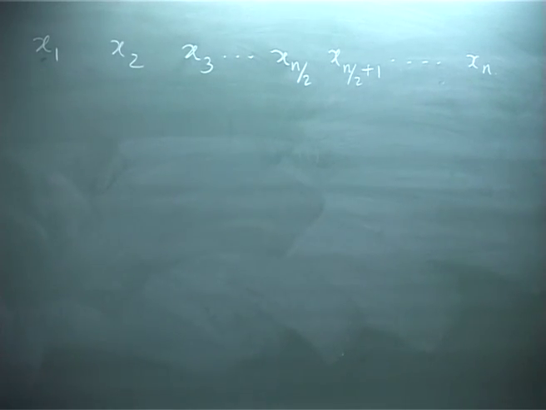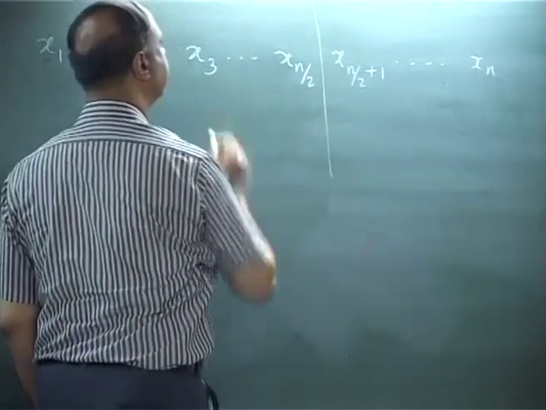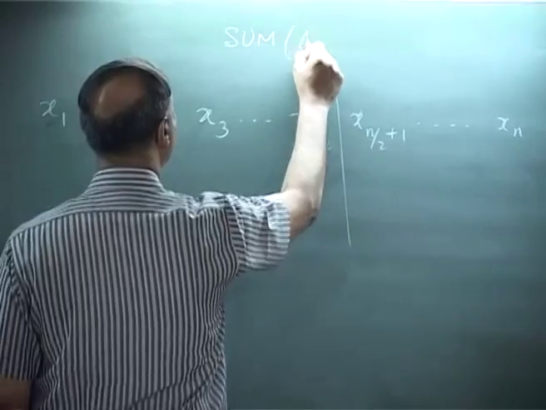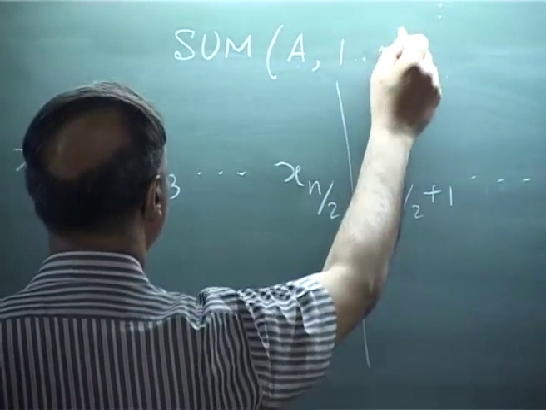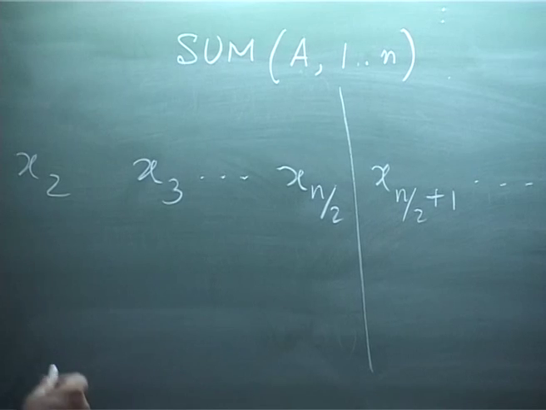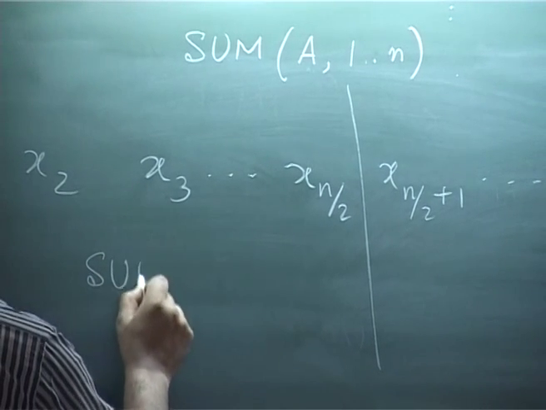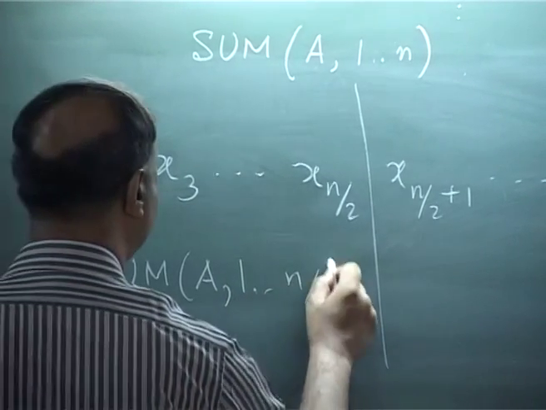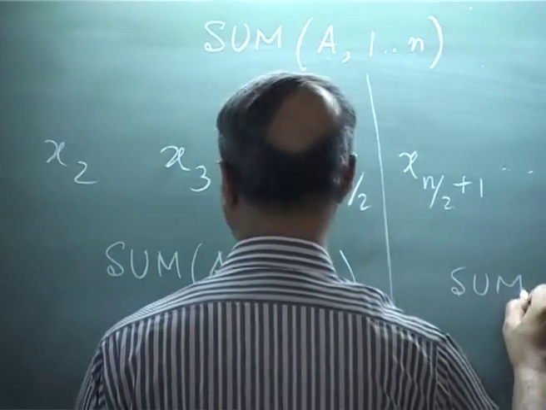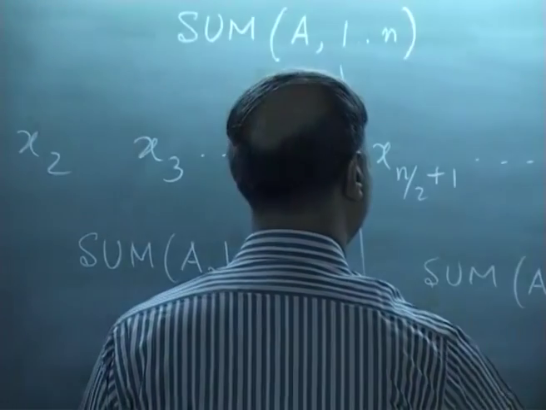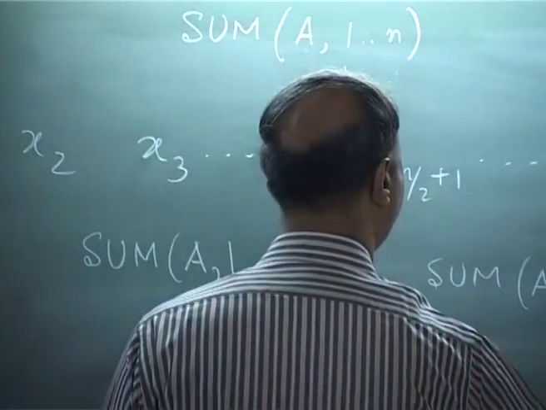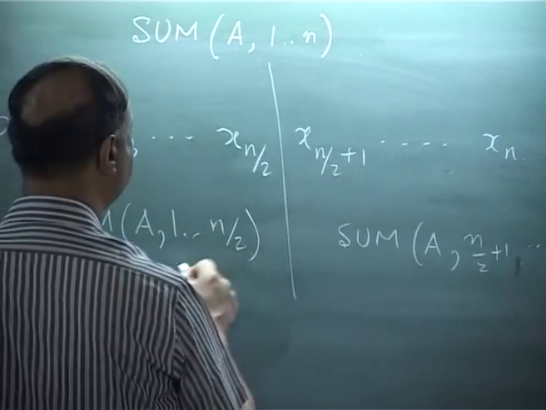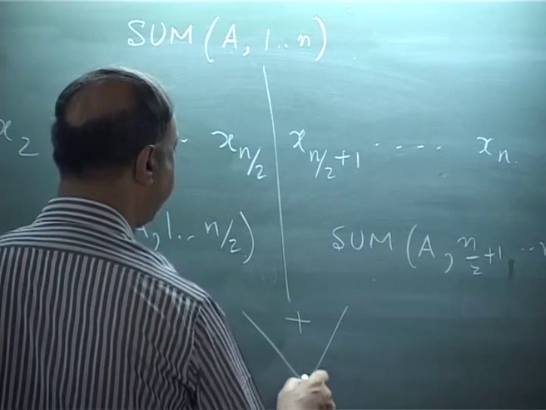One way is to divide this into two parts. Instead of finding the sum of n numbers directly, I find the sum of elements 1 to n by 2 on this side, and on this side the sum of the remaining n by 2 elements.